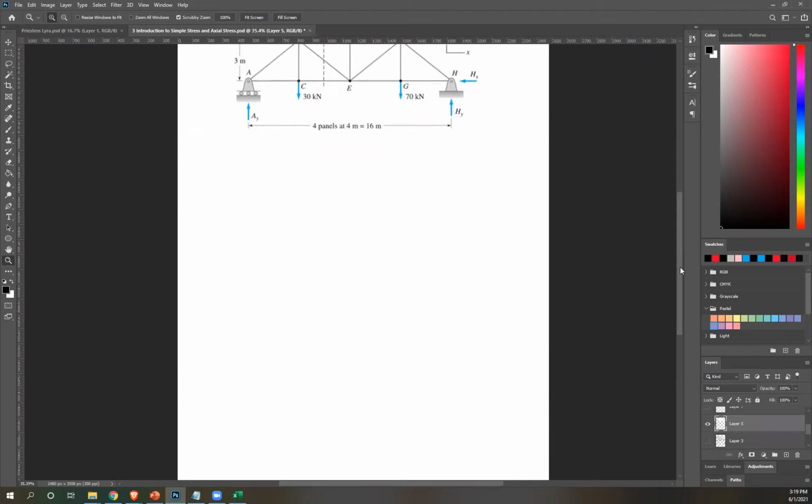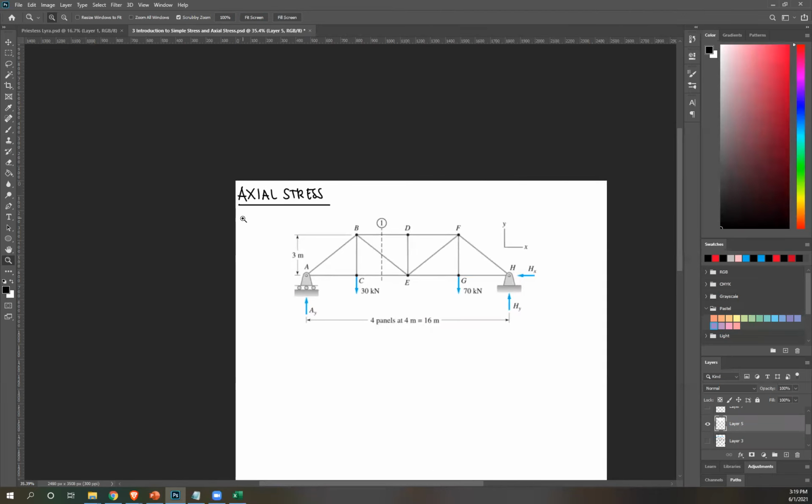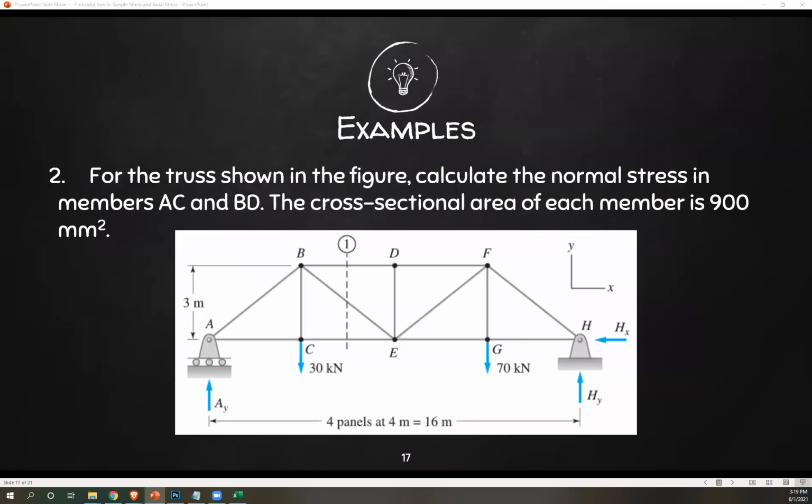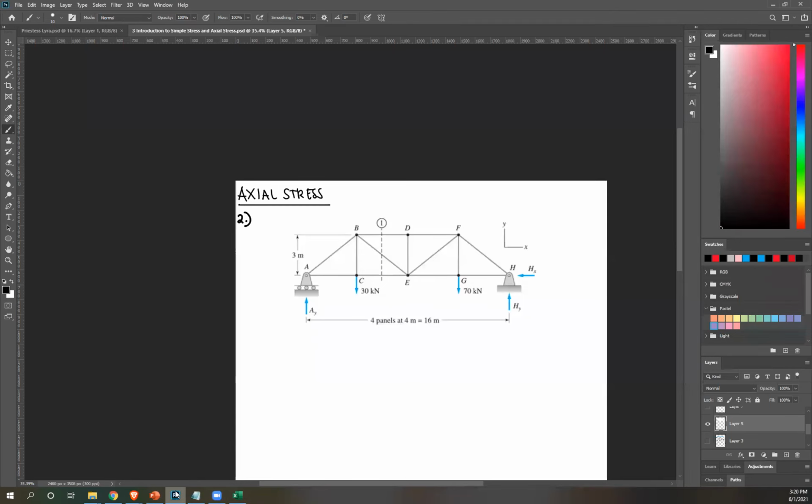We have a truss system. Number 2. Okay, let's see. For the truss shown in the figure, calculate the normal stress in members AC and BD. Cross-sectional area of each member is 900 millimeters squared. So we're just looking for stress in specific members.